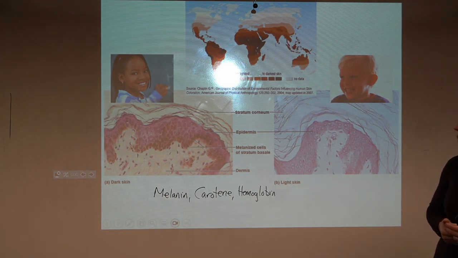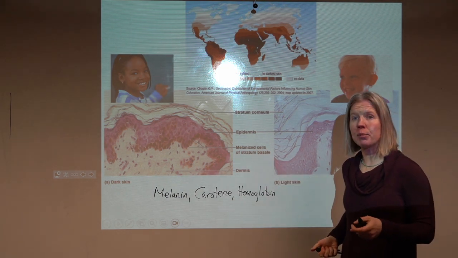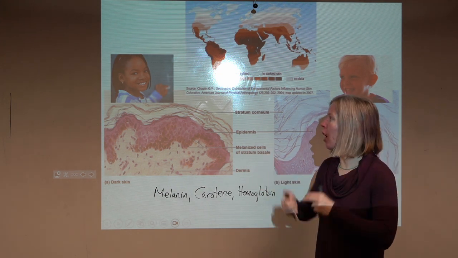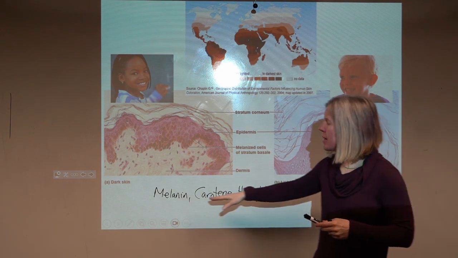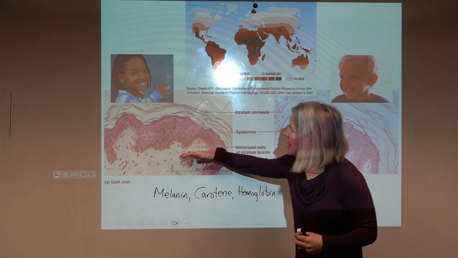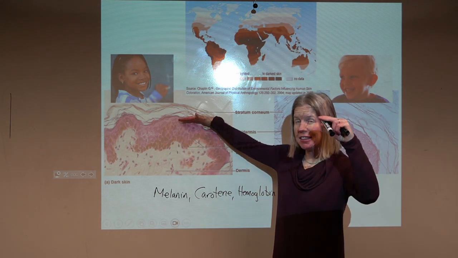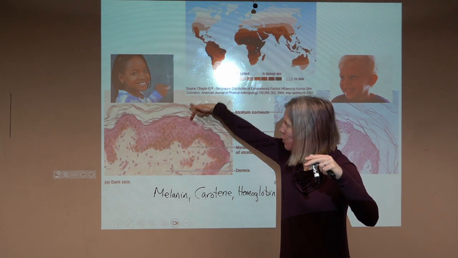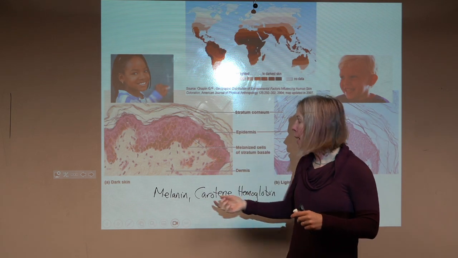Melanin, of course, is that pigment that we talked about being made by melanocytes in the stratum basale, and how those melanin packets, melanosomes, are actually handed off to keratinocytes. Now here's the thing. This pigment is protective, right? As that melanin moves up through the different strata of the skin, it is blocking UV radiation from damaging the stem cells that are down in the stratum basale.